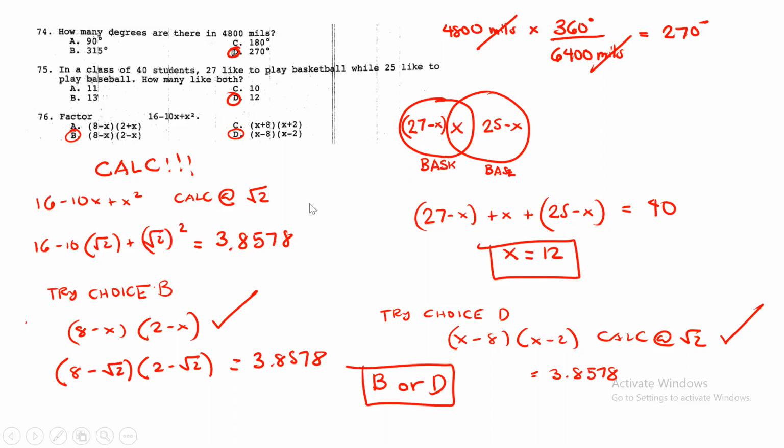So next, 77. From a point 2 centimeters distance from a circle, a tangent line is drawn 3 centimeters long. Find the radius of the circle.